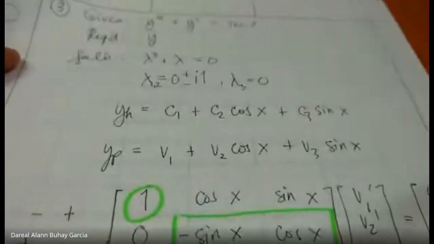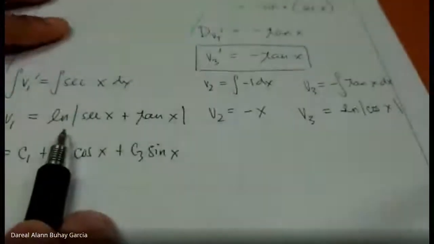So incorporating everything, C1 plus C2 cos x plus C3 sine x. So the final answer is y equals C1 plus C2 cos x plus C3 sine x plus V1, meaning plus ln secant x plus tangent x.